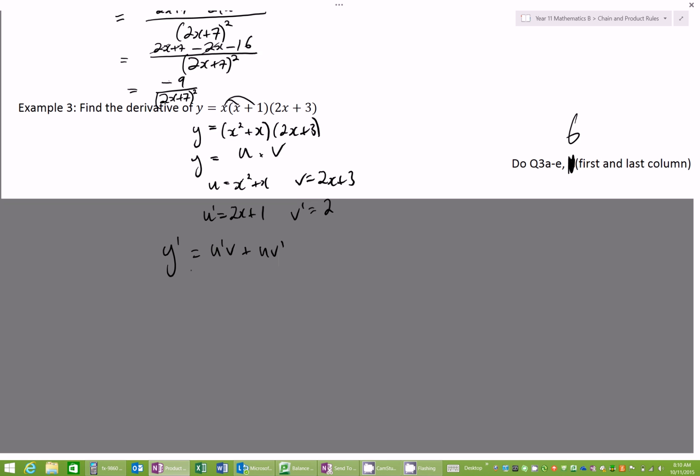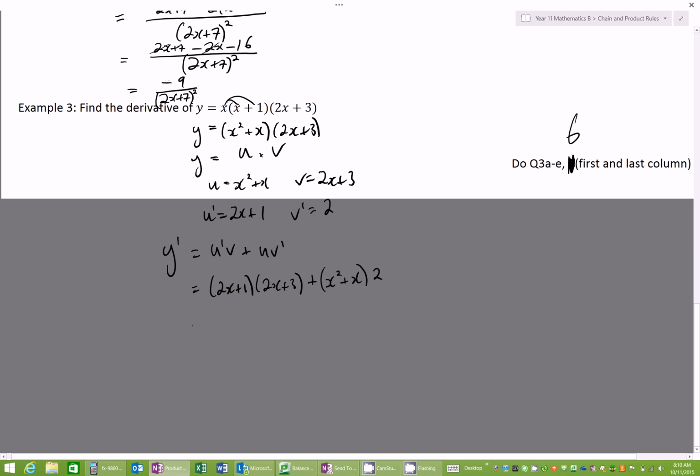I'm just going to slot in all these things that I know. So 2x plus 1 times v, which is 2x plus 3, plus u, which is x squared plus x, and I'm multiplying all of this by 2.